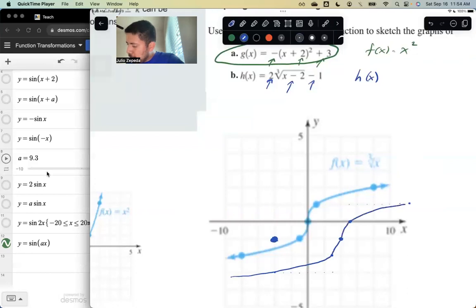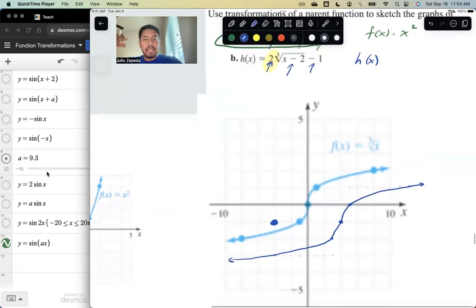This is how the function would look if there was no factor of 2 scaling this thing. I'll highlight that factor of 2. But since there is, I just need to stretch every y value. Instead of going up 1 unit, I'll graph it in green, it's going to go up twice as far. I'm still getting used to these new controls in this app. So this origin point stays the same.